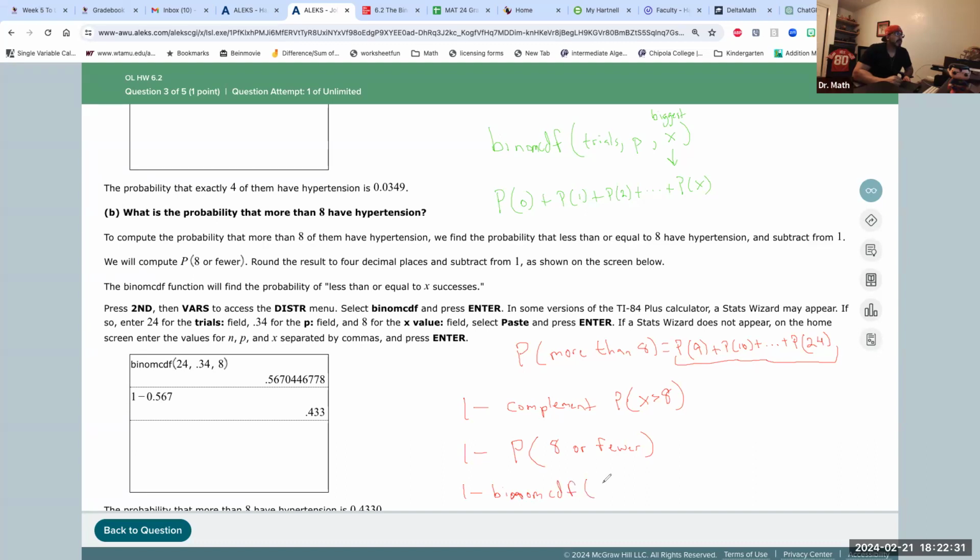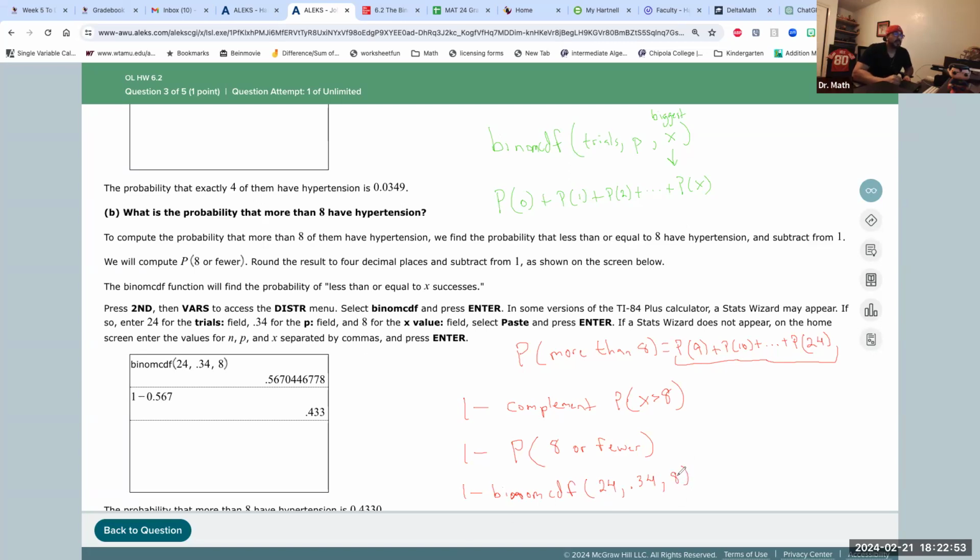And then the number of trials is 24. Our probability hasn't changed. It's still 0.34. And this time we tell the calculator, what number do you want to stop at? And we always stop right before this number. So if this is a 9, we stop at 8. And that's why we write 8 or fewer.